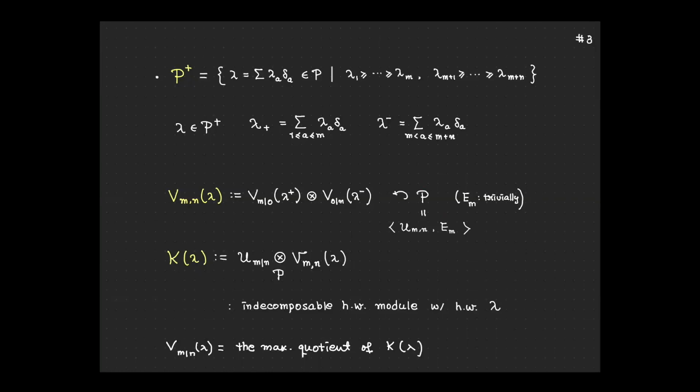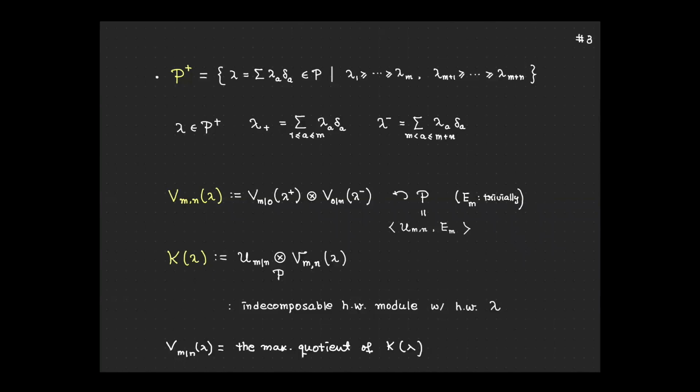And here we define the action of E_m to be trivial. Okay, then it is a P-module, and then we take an induction to the quantum group U_q(gl(m|n)). Let me denote it by K(lambda).